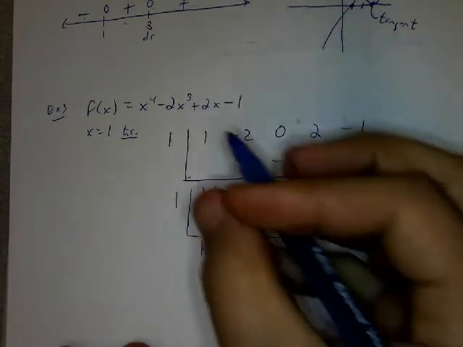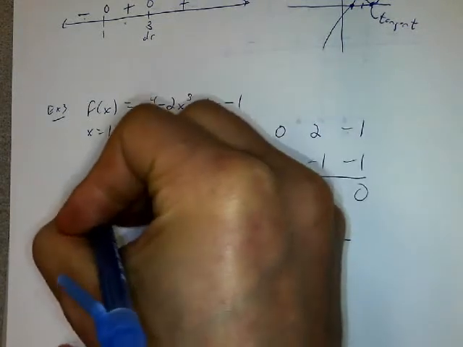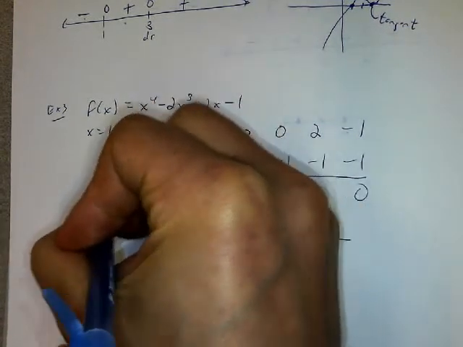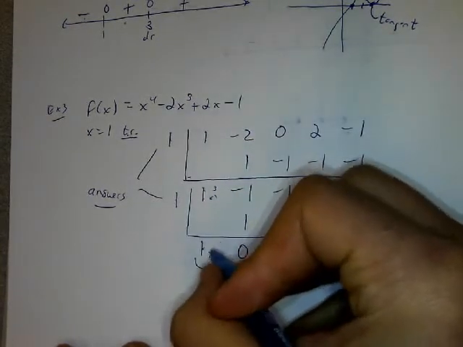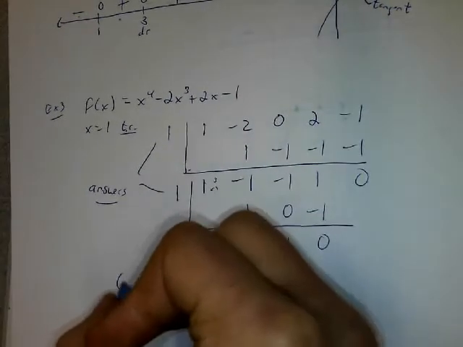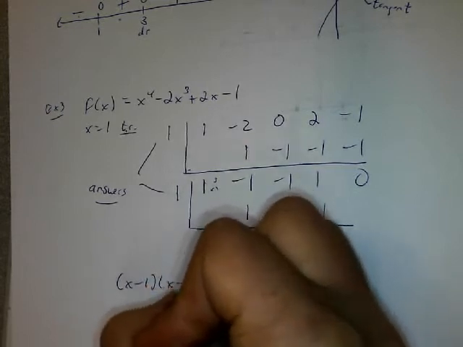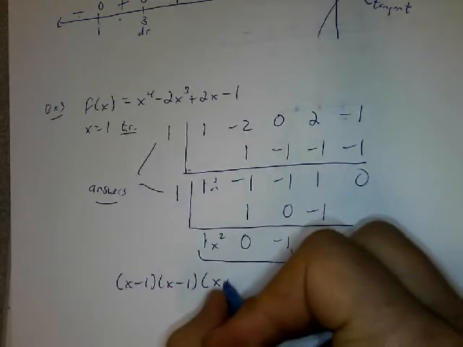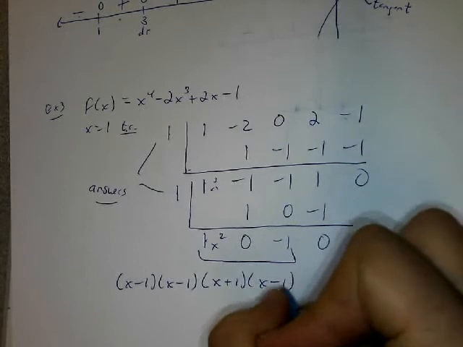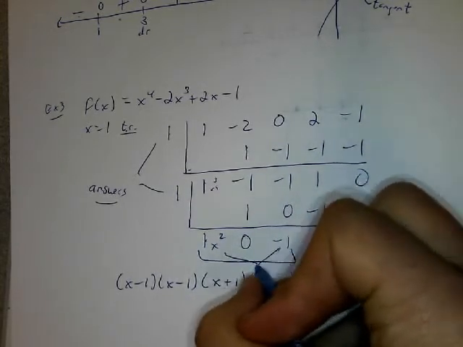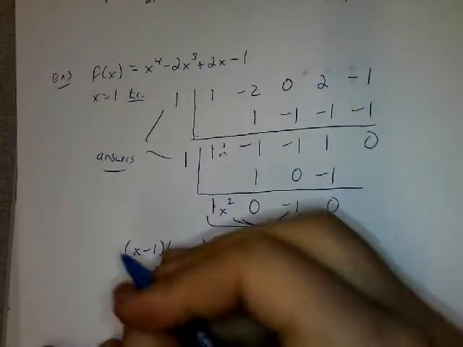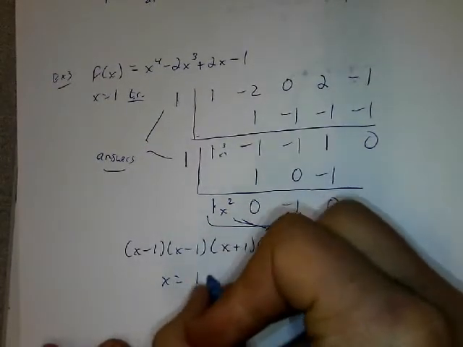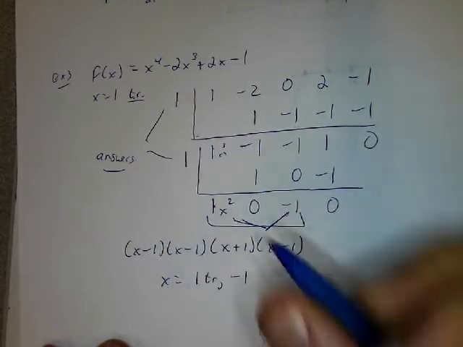And so you're left with now these two as answers, and this is now our expression. This was x cubed, now this is x squared. So we're left with x minus 1 times x minus 1 times x plus 1 times x minus 1 when I factor this down here. Therefore, x equals 1 is a triple root, and there is a root at negative 1.